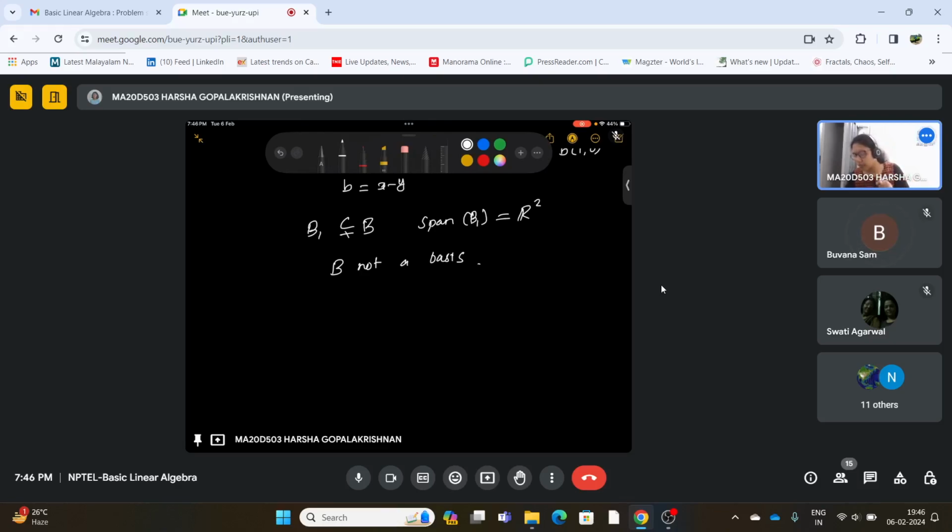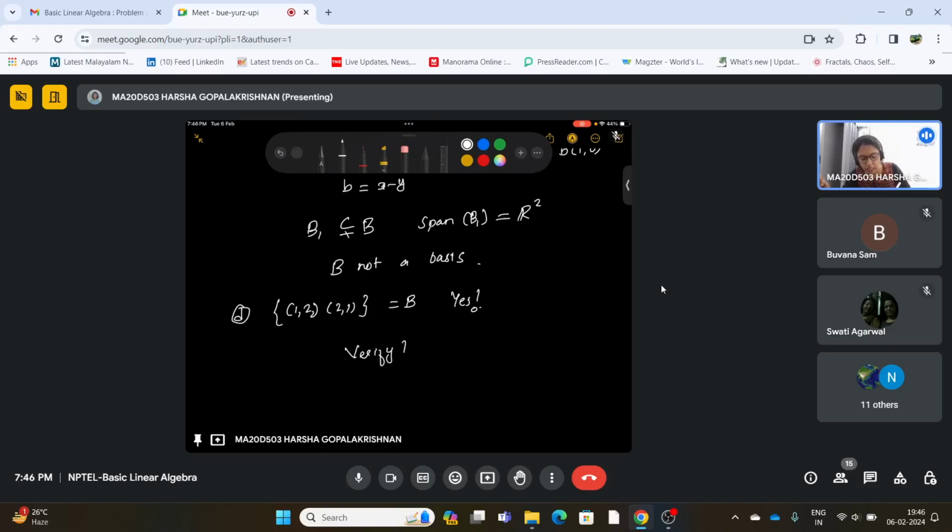Okay, if you want you can just try this also: (1,2), (2,1). Maybe you can answer whether it is a basis or not. Yes, it is a basis. So just verify this.